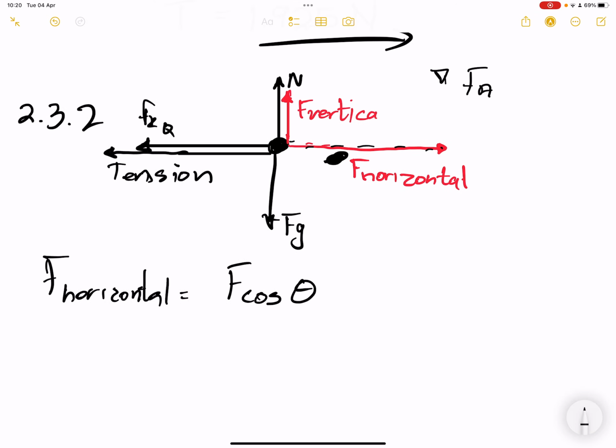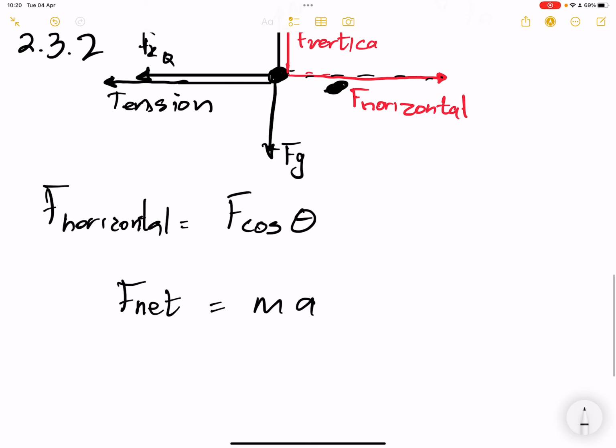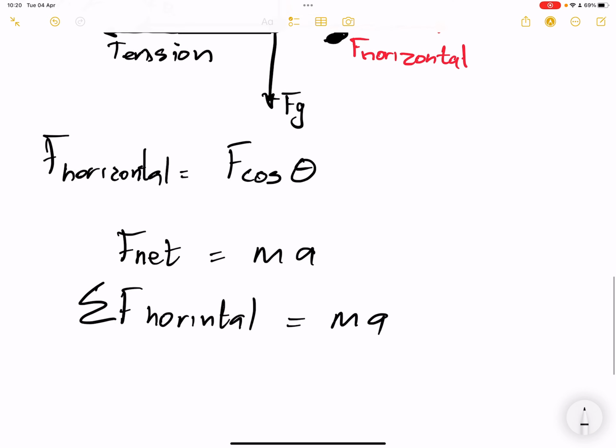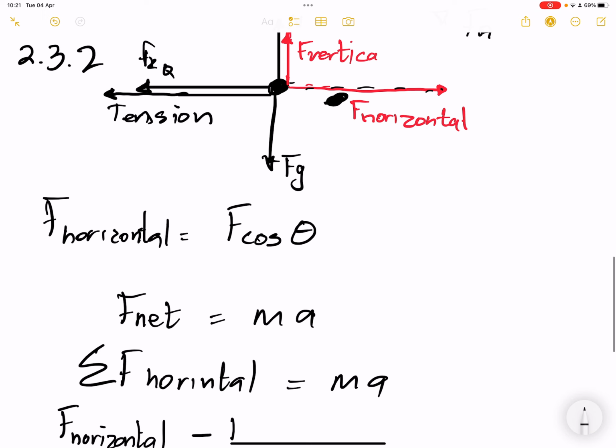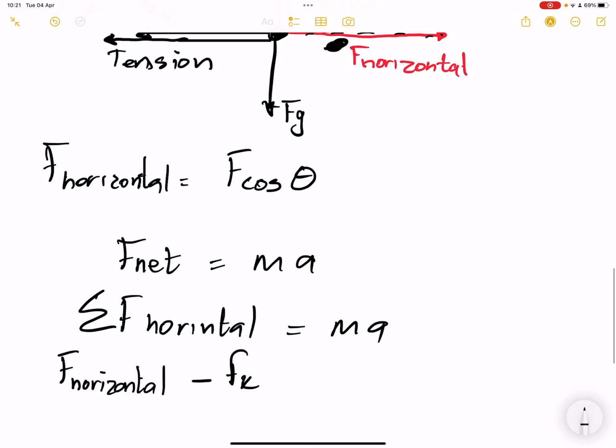So I'm going to take F net, which is equal to MA. We're taking the sum of forces in the horizontal dimension, right? Now, because I've reduced that force into a horizontal force, I can now use it. So it would be the applied force F, but I'm taking the horizontal dimension of it, minus the frictional force on Q, and subtract the tension which we just found.